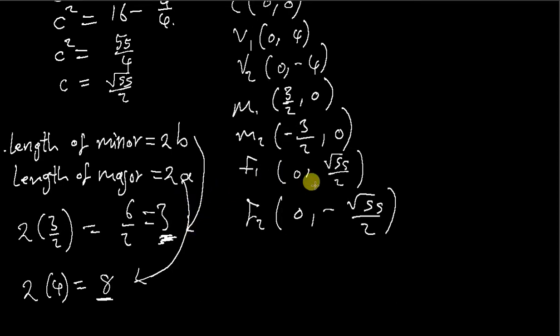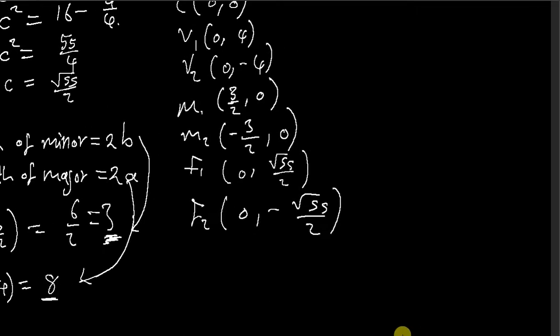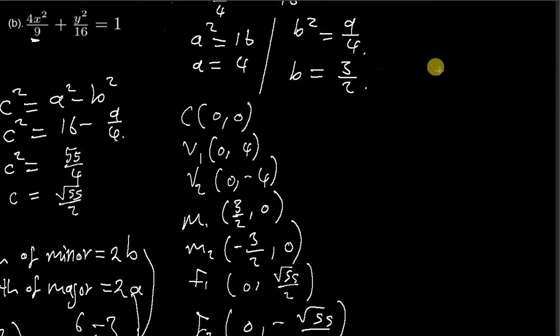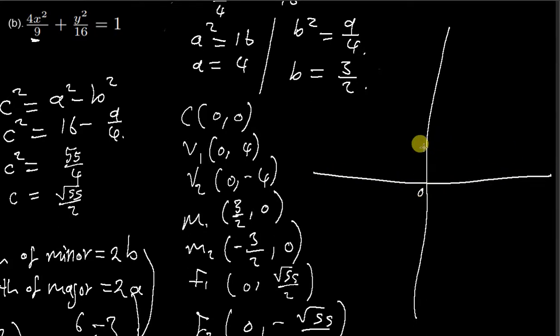Okay, so let us now move into sketching. Let us do our sketching. Okay, I'll just sketch it from here. So that is our y-axis, and then the x-axis is there. So the center is just this same point, 0, 0, and then the vertex v1 is 0, 4, so I can count 1, 2, 3, 4 there.